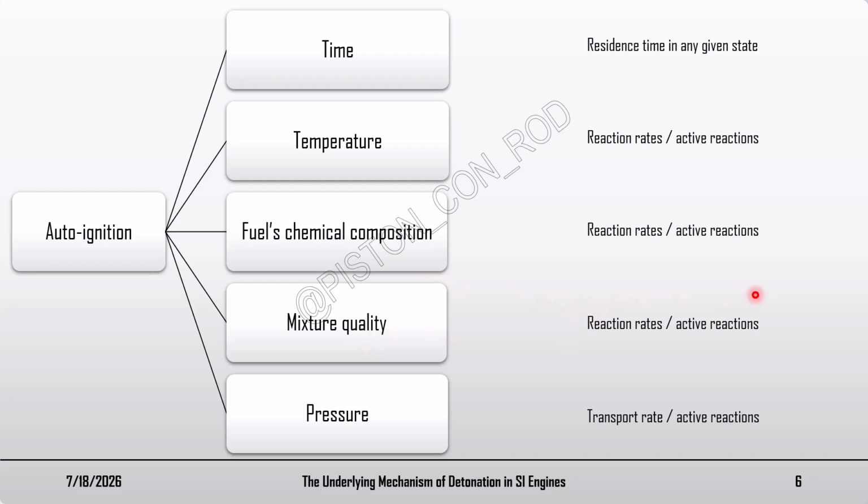This also affects reaction rates and active reactions. And finally, we have pressure. Pressure acts on transport rate. The transport rate also affects the reaction rate. And also at different pressure levels, we have different reactions, so it will affect active reactions.